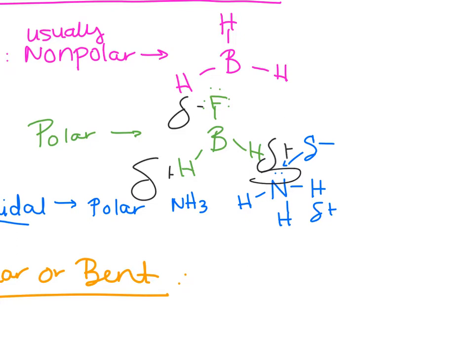Normally speaking, when you have a pyramidal shape, the one in the middle, so I'm talking about nitrogen, is going to be more electronegative than the ones on the outside, and it's going to have unshared pairs of electrons, making it your partially negative charge, and then the ones on the outside are going to be your partially positive charge. Again, every scenario is different, so you have to pay attention to what's present, but that's a good example of a pyramidal shape that is polar.